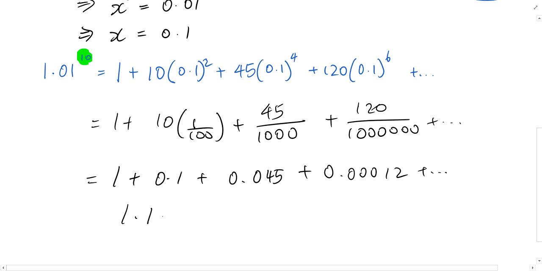1.1. Are you sure? Oh, 1.1462. Now use your calculator. 1.01 power 10. 1.10462.